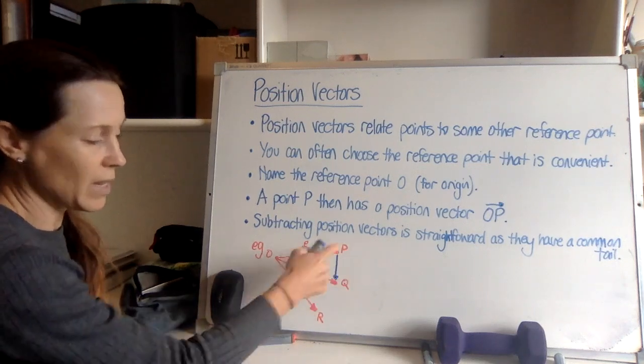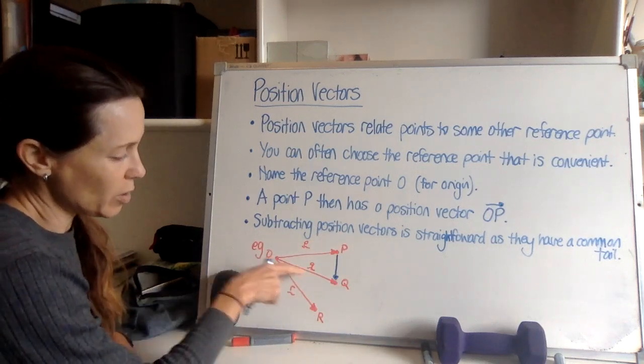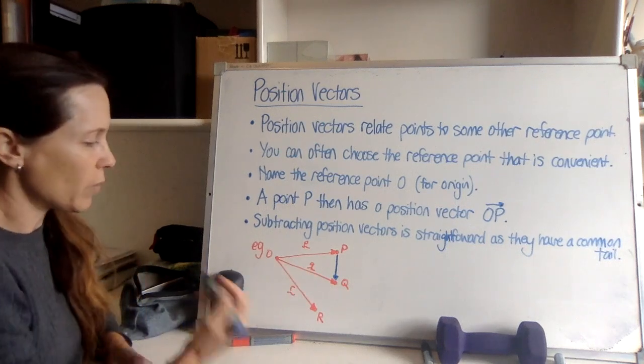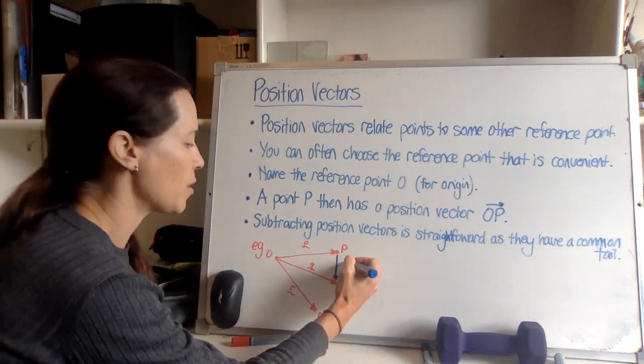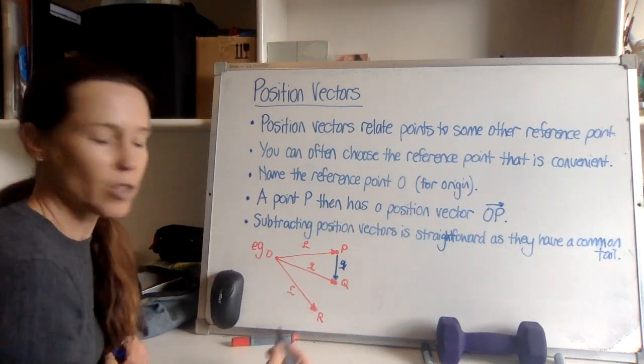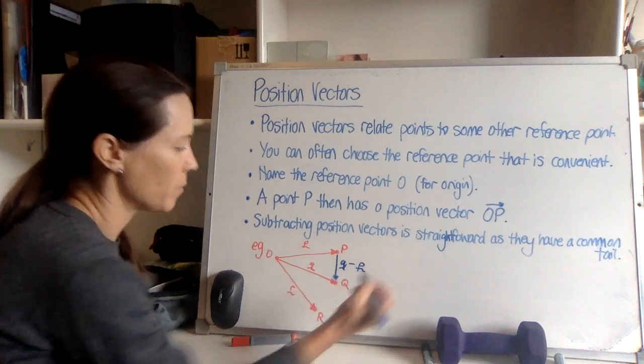Now that's not p, it's negative p, but then we also need to add q. So we could write it as negative p plus q, but it would be simpler, I think, to put the positive thing first and say that it's q minus p.